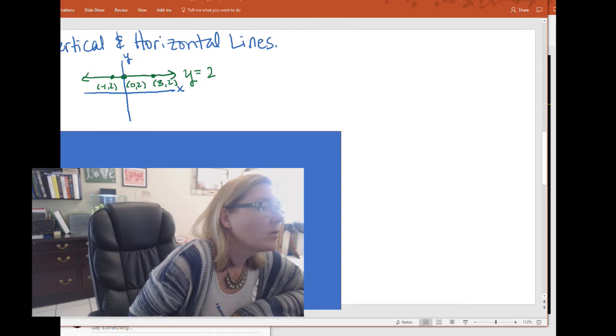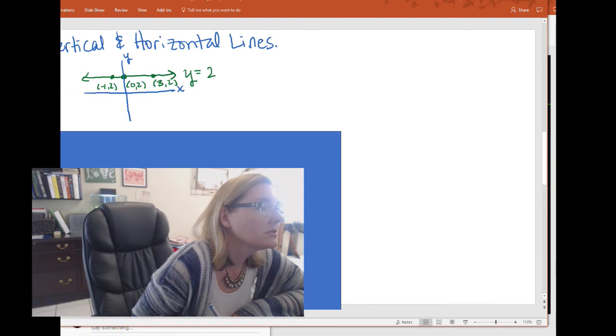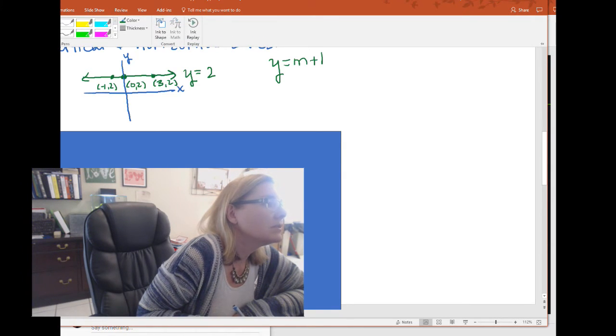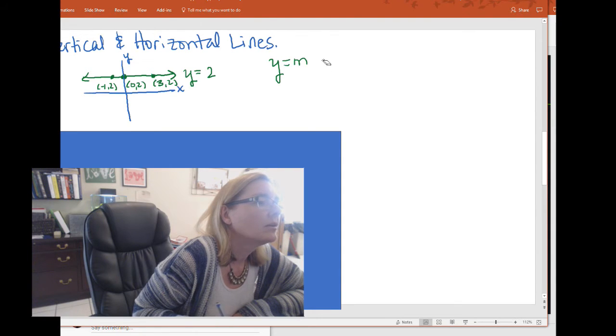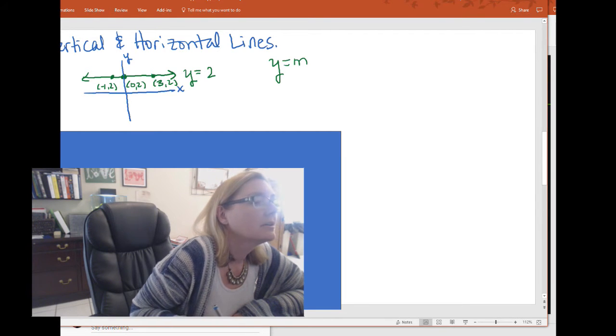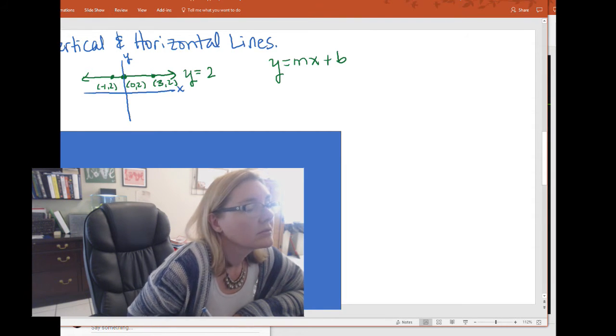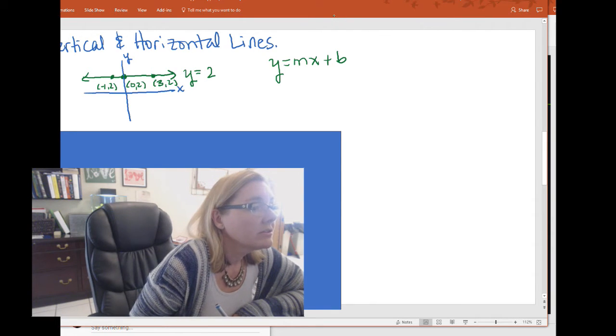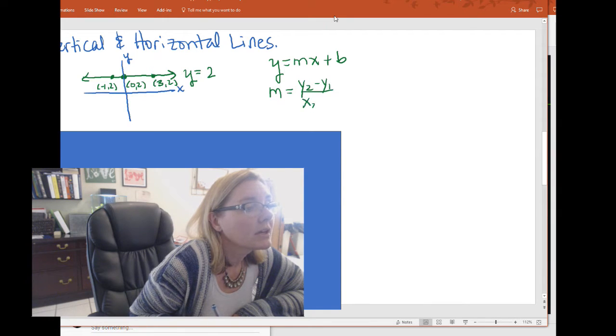One way of understanding why the equation turns out to be just y equals 2 would be to think about the slope. We know that lines can be written in the form y equals mx plus b, where m is the slope and b is the y-intercept. We also know that we can find the slope between any 2 points by plugging into the formula (y2 minus y1) over (x2 minus x1).